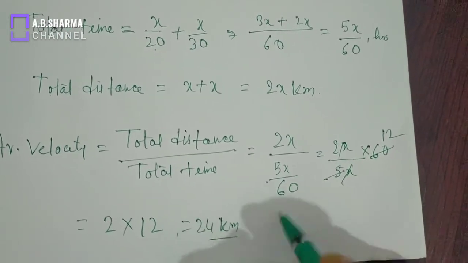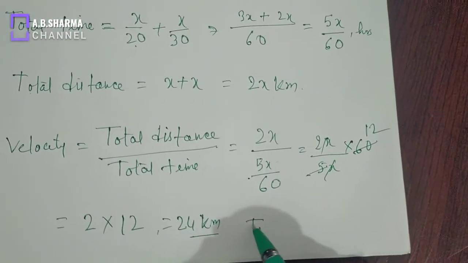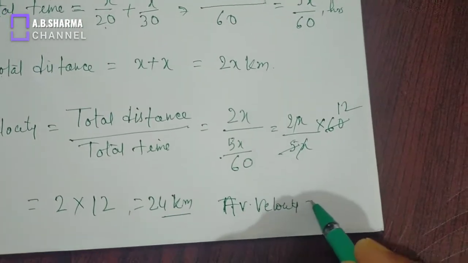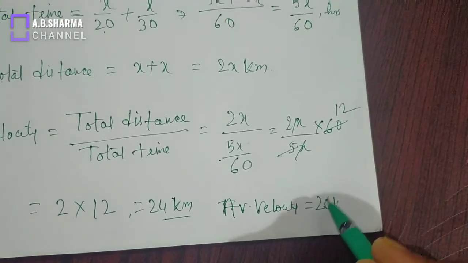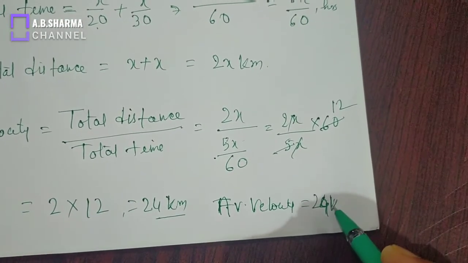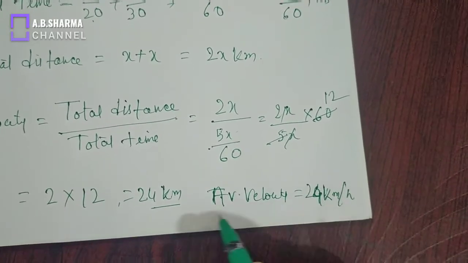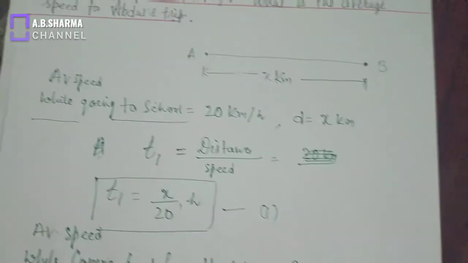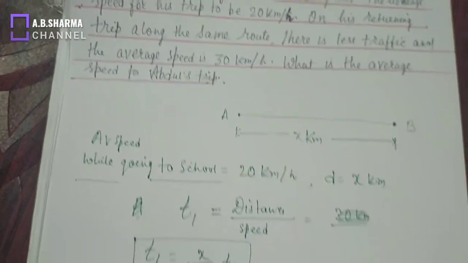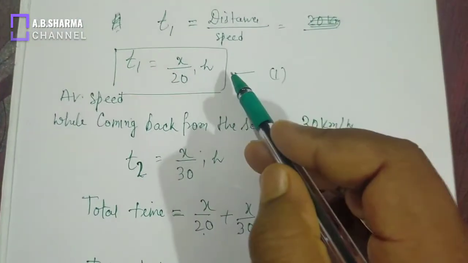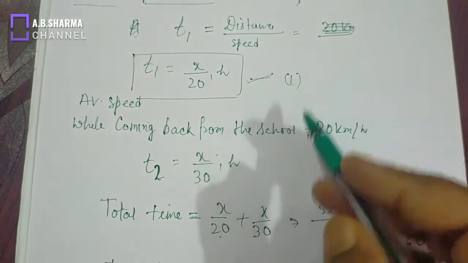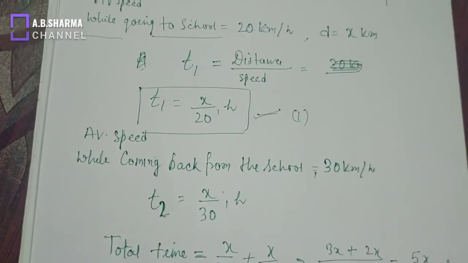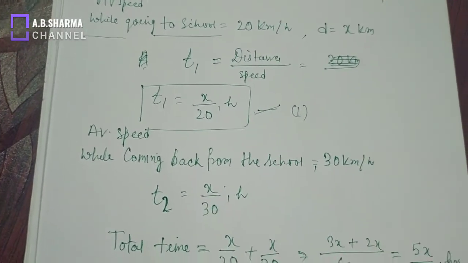So the average velocity equals 24 kilometer per hour. This is the answer. In such questions, you have to first calculate the time taken for the up journey and the time taken for the down journey, that is, the time taken while going and while coming.